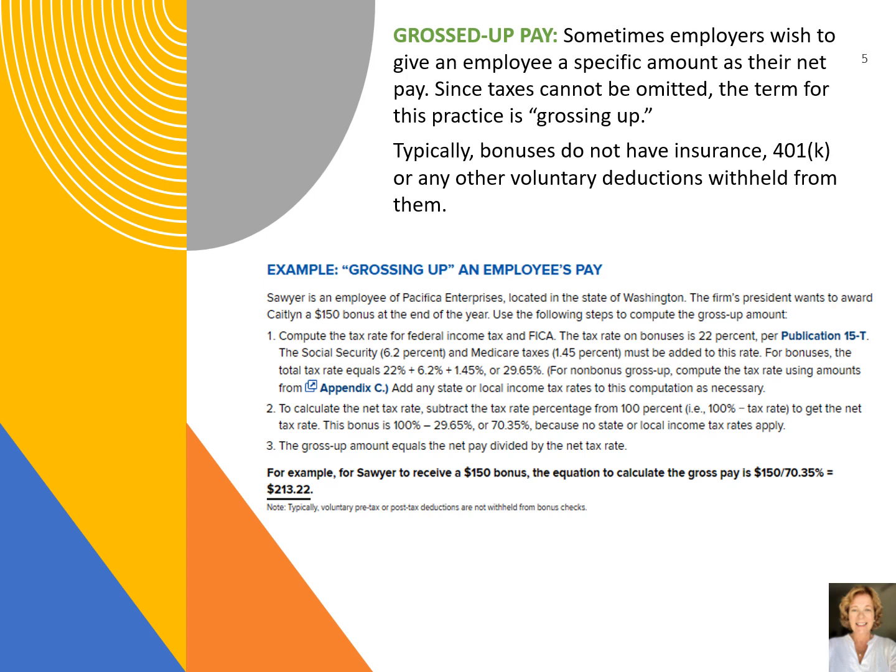If there's a state tax, you'd add that amount as well. To calculate the gross amount, you would divide the net amount of $150 by 70.35%, which is 100 minus the 29.65%, which is then $213.22.